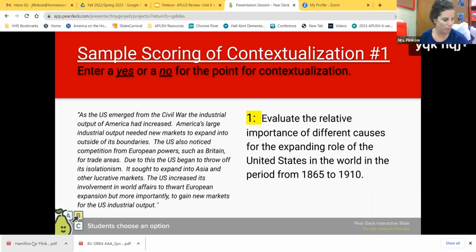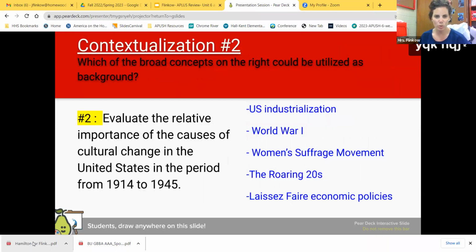All right, overwhelmingly, the majority of you put yes, and that is correct. Okay, where we see this from is the Civil War, industrial output, and competition from Europe. Okay, those are all some of those broad concepts that are outlined in this paragraph that gives you the background for what you need.